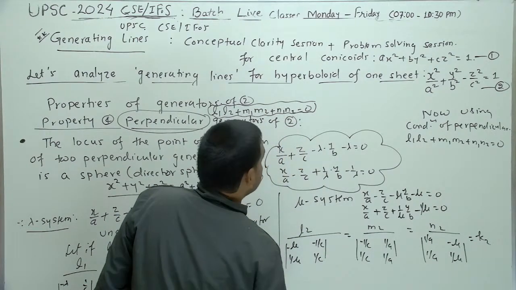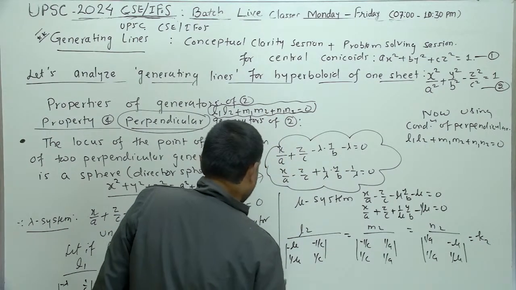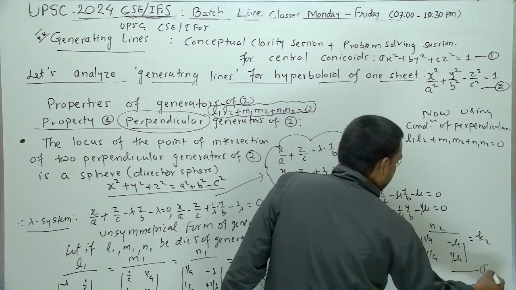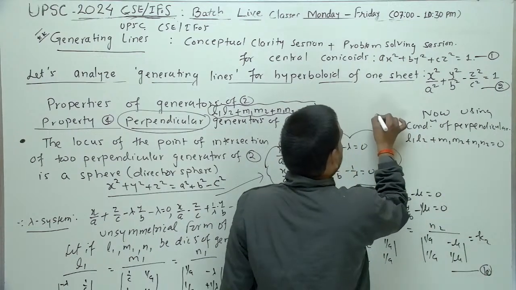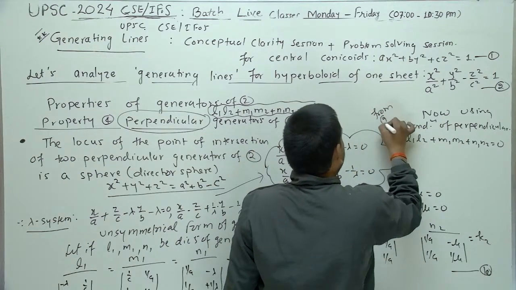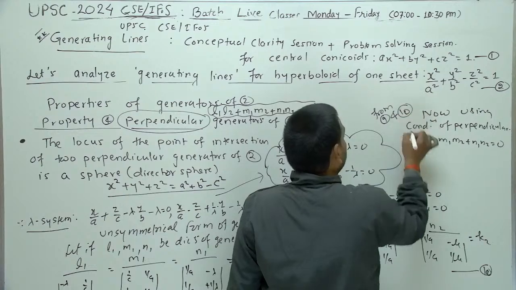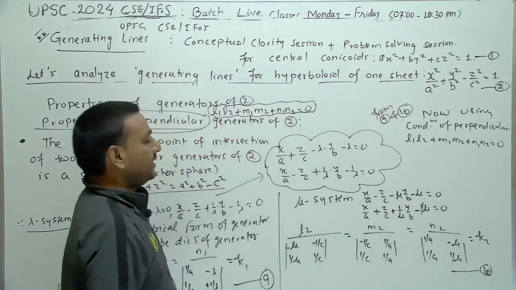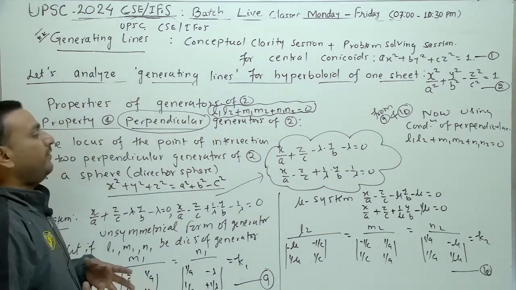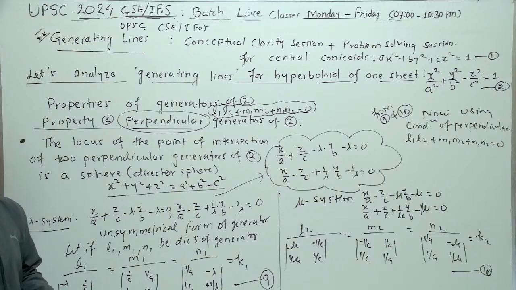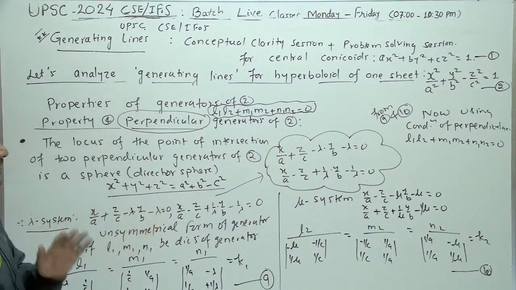So let's say this is equation 9 and this is 10, from 9 and 10 we will get conditions over here, and after that to get the locus we will get the replacement for x by z. Write it here comfortably, without any tension.